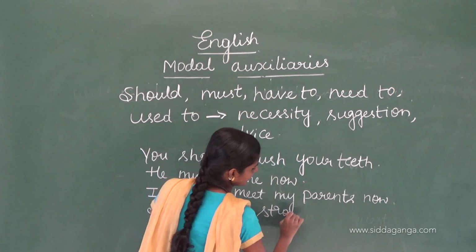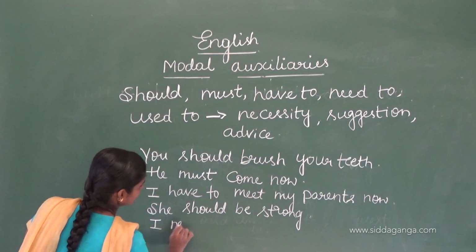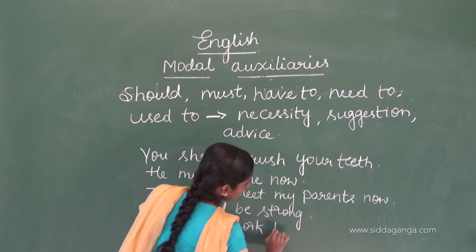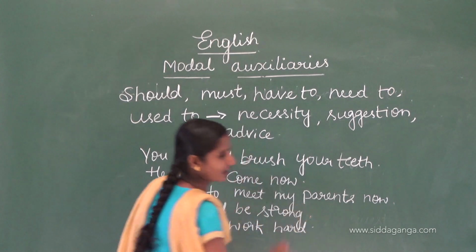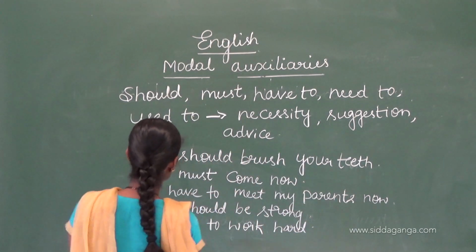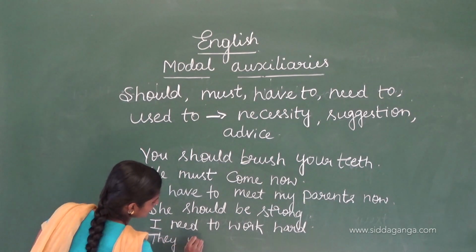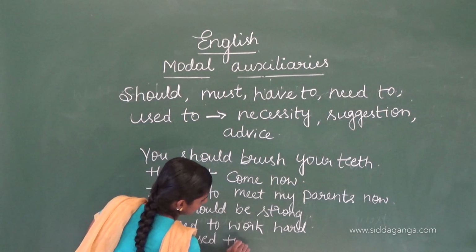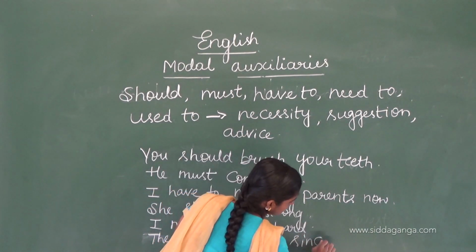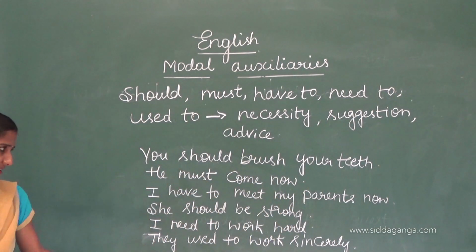It's a suggestion. Okay. I need to work hard. So it's a necessity again. Then what do I have left? Used to. They used to work sincerely. So here it's the quality of those persons we can say.